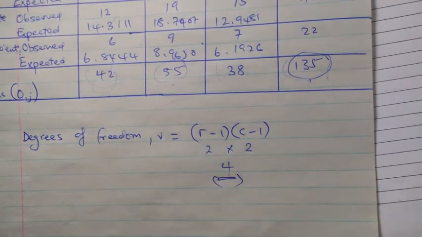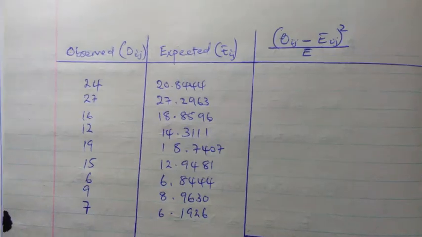Here you can write your values in a table like this one: the observed, the expected, then the last column for (Oij minus Eij) squared all over E. We are going to calculate this for each and every row.